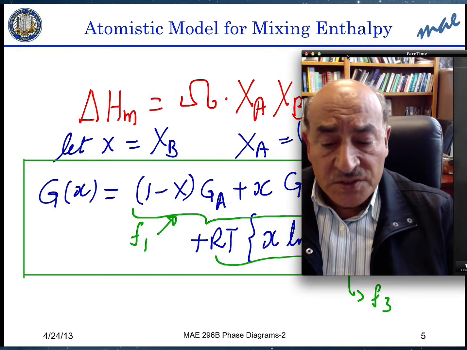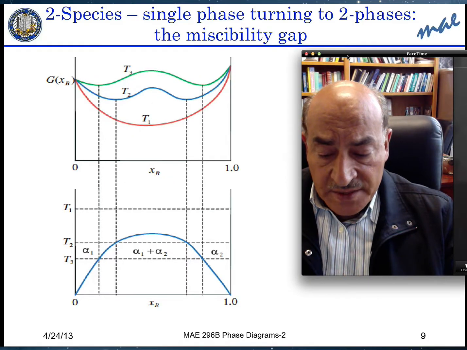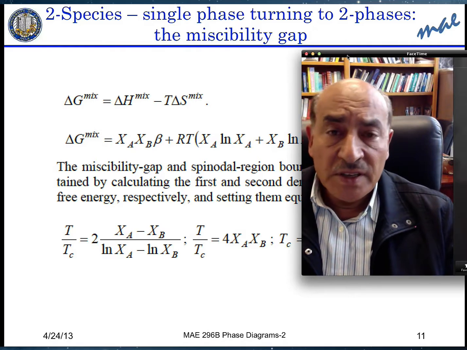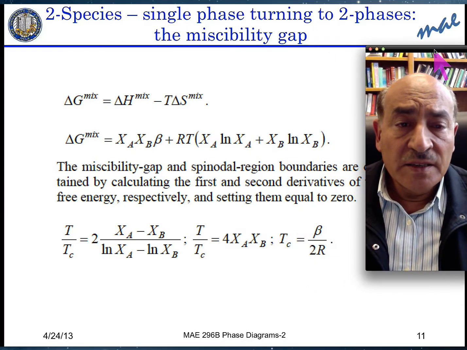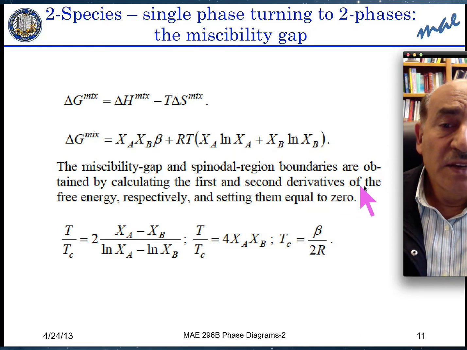And then what I want you to do is actually show the following as an exercise. So we want to show that in the miscibility gap, the boundaries are obtained by calculating the first and second derivatives of the free energy respectively and setting them equal to 0.